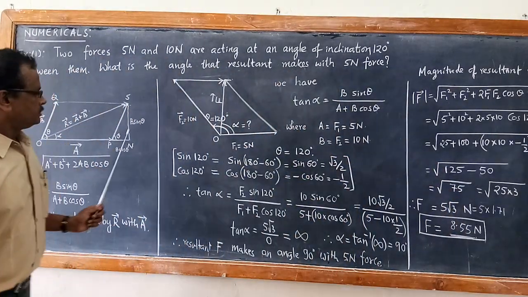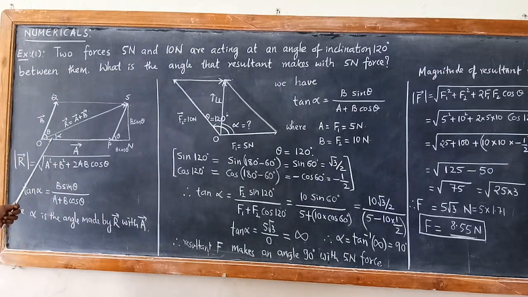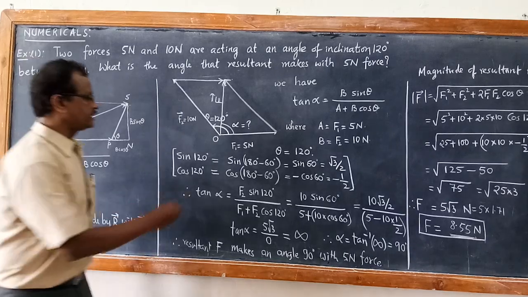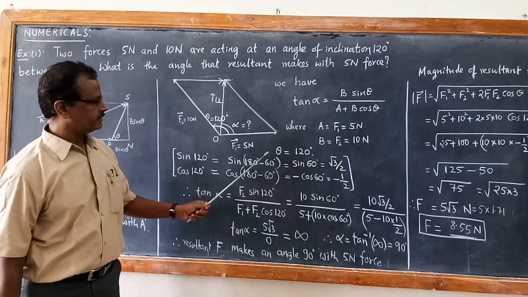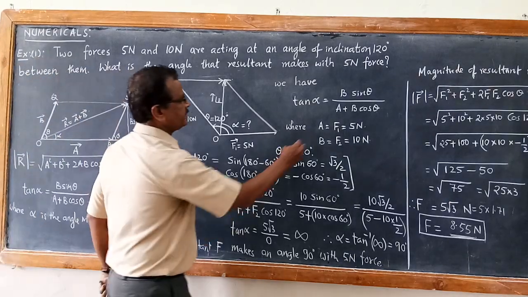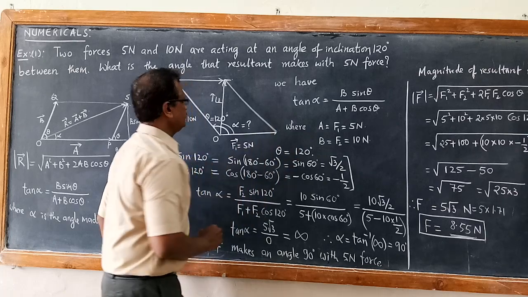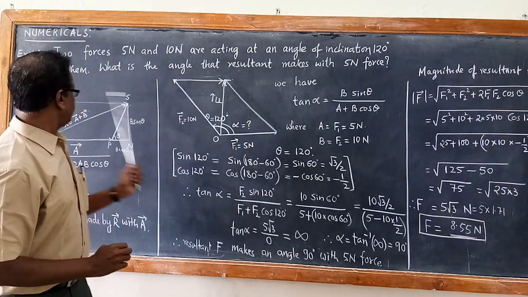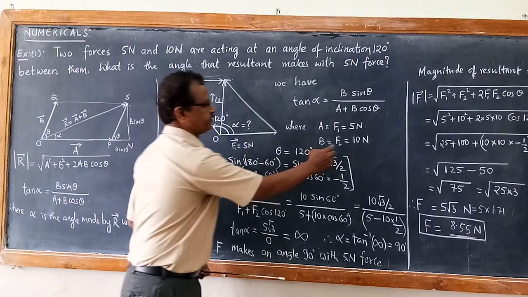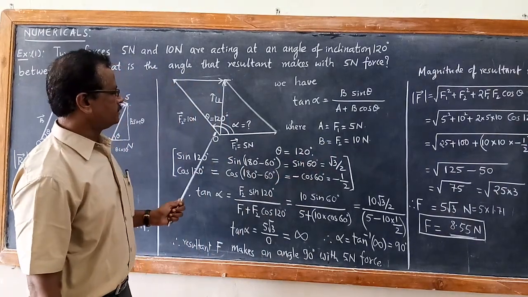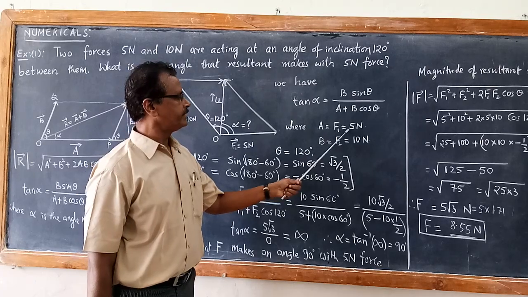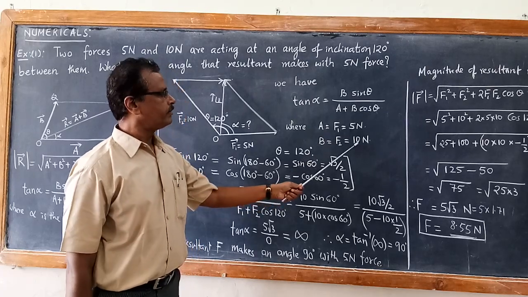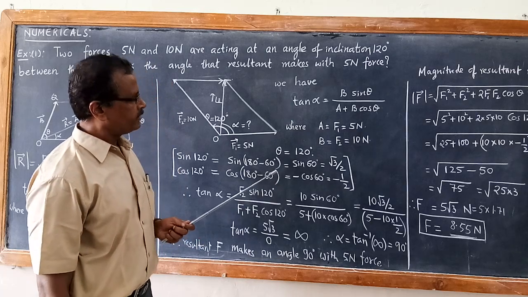Now look here. Compared to this diagram, vector A is equivalent to vector F1, and vector B is equivalent to vector F2. Then what are the values of A and B? 5 Newton is F1 and 10 Newton is F2.